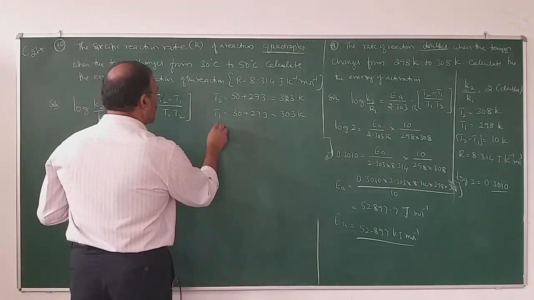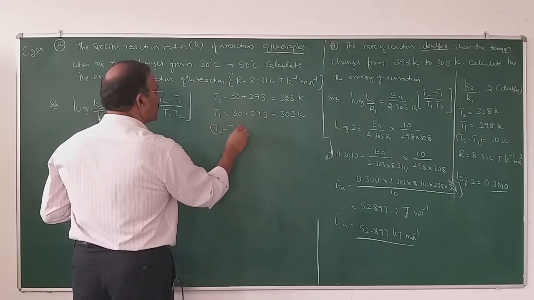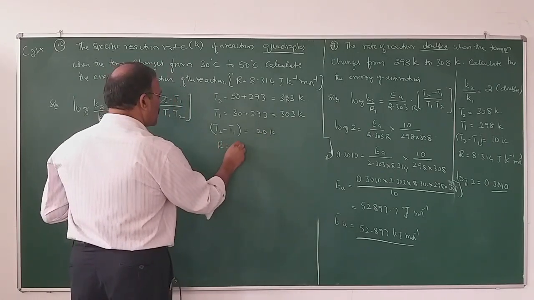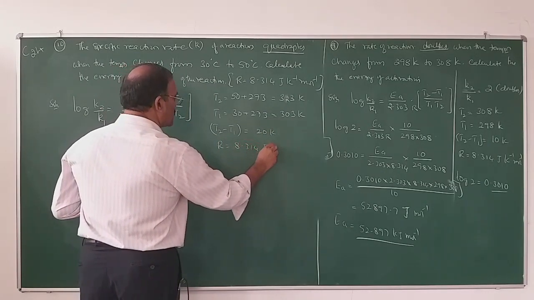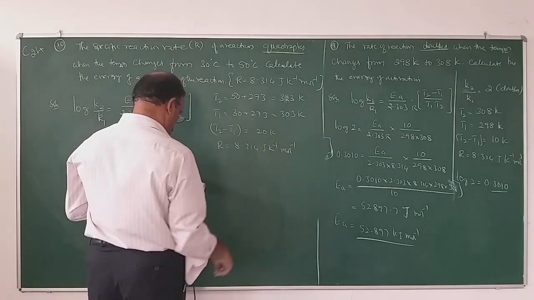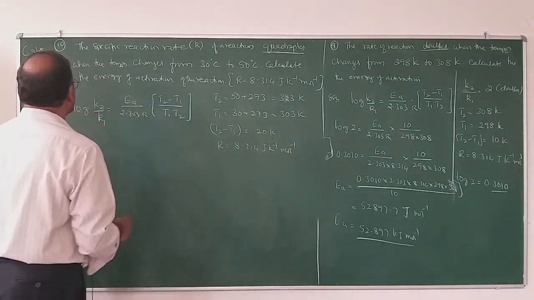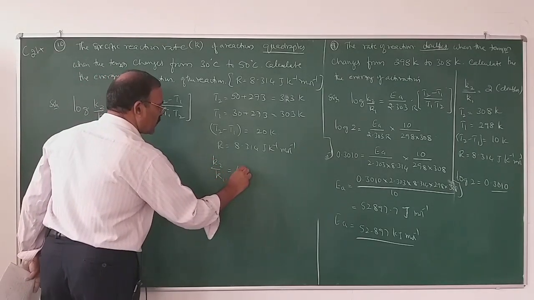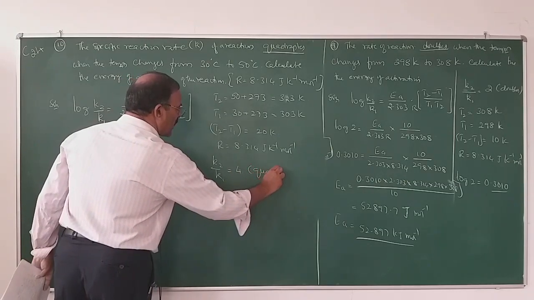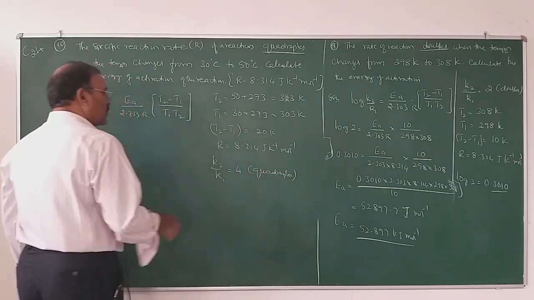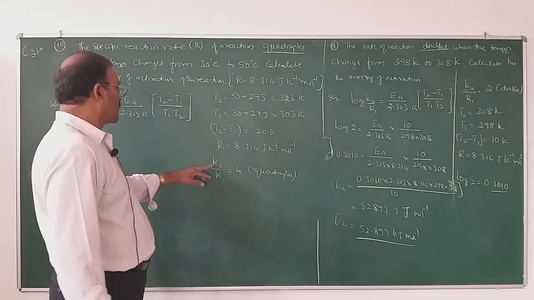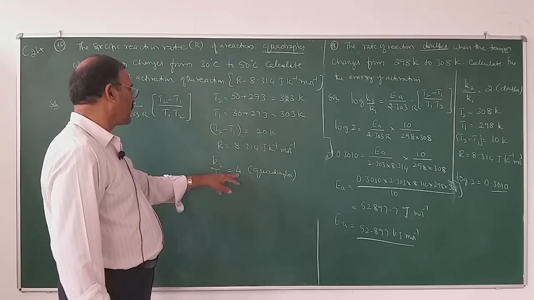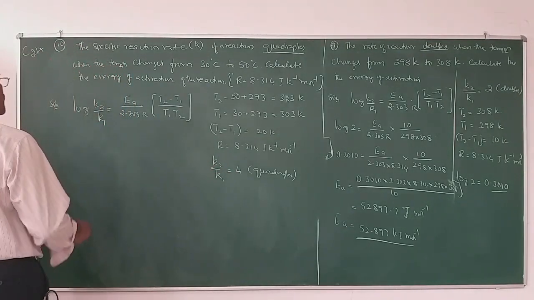T2 minus T1 is equal to 20 Kelvin. R equals 8.314 joule per Kelvin per mole. K2 by K1 equals 4, that means it is quadruples. So the specific reaction rate increases by 4 times, K2 equals 4 times K1.